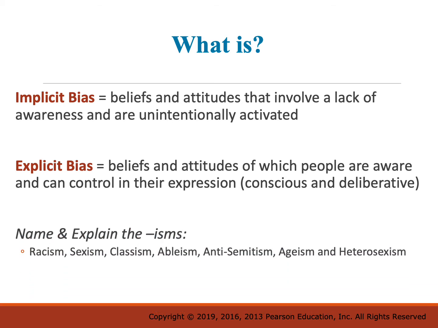So as we mentioned, there's all these different isms out there, okay? Ageism, sexism, racism, classism, anti-Semitism, heterosexism, right? So measuring all these isms can be very difficult, especially if they're implicit, so people are not aware that they have these attitudes, right? So there's ways that we have tried to measure these implicit biases, okay?